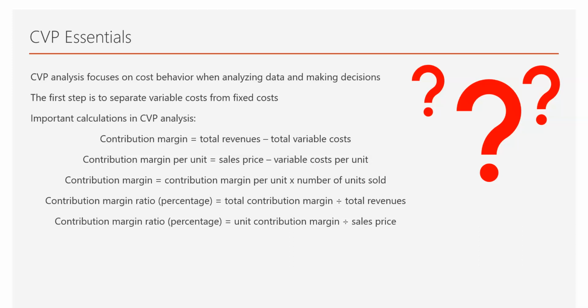Because it's stated as a ratio, if I figure my contribution margin ratio on a total basis, total contribution margin divided by total revenues, and let's say that comes out to be 47%, my contribution margin ratio on the per unit level will be 47% also. Because now we're looking at ratios, we're comparing apples to apples. So that percentage should be the same across the board, whether in total or on a per unit basis.